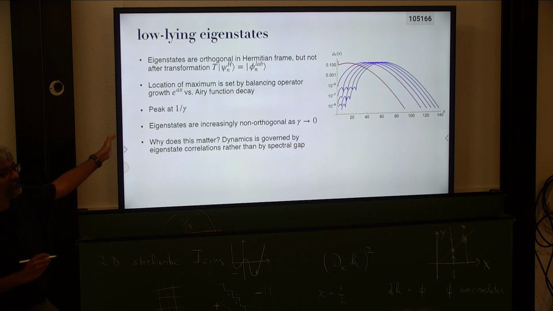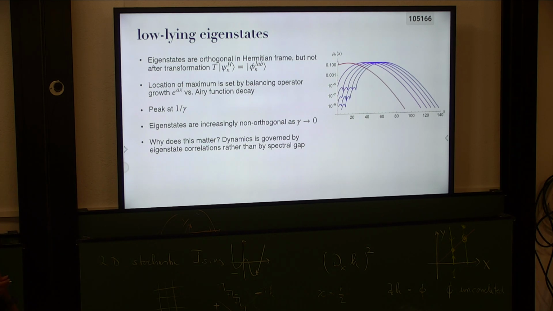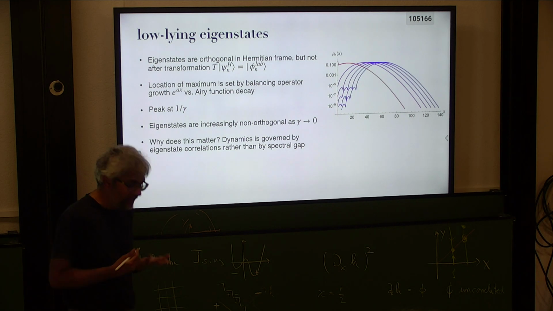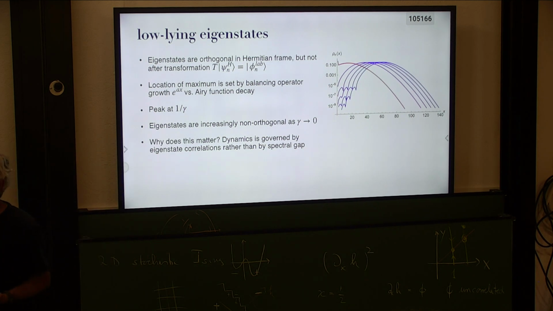This is why, as you take gamma to 0, this problem becomes a very singular limit, because then these things are not even normalizable. For any finite gamma, they're well-defined. The fact that these eigenvectors are extremely non-orthogonal allows you to have decay rates that are not set by the gap, and in fact much slower than the gap.